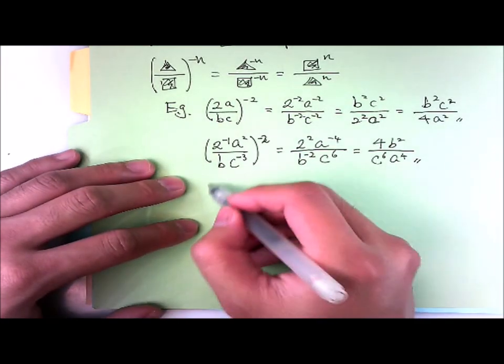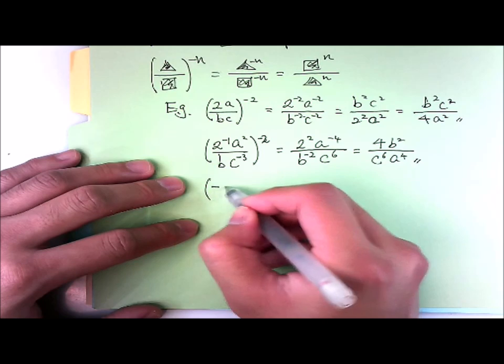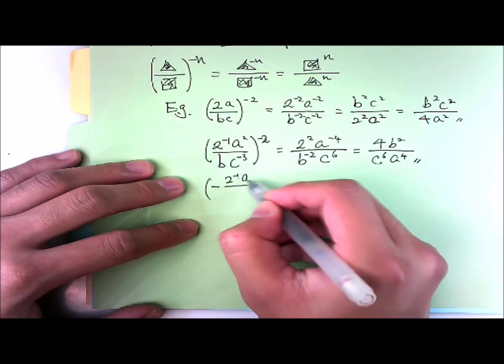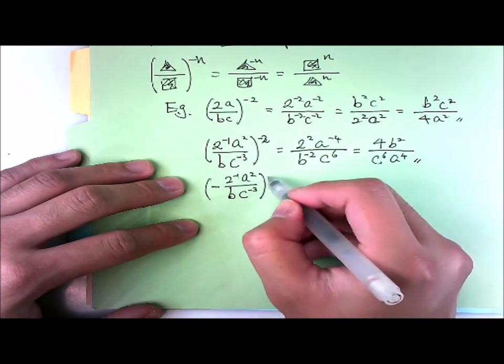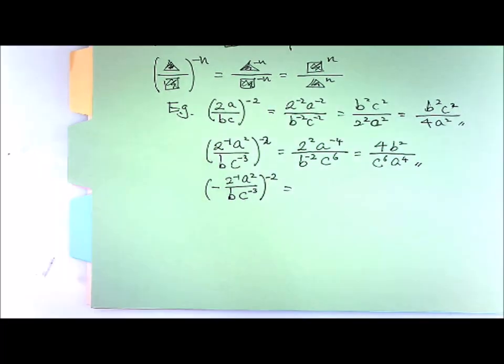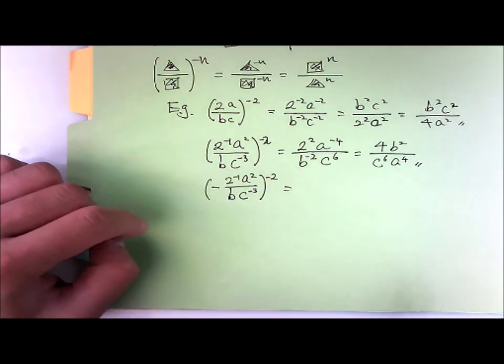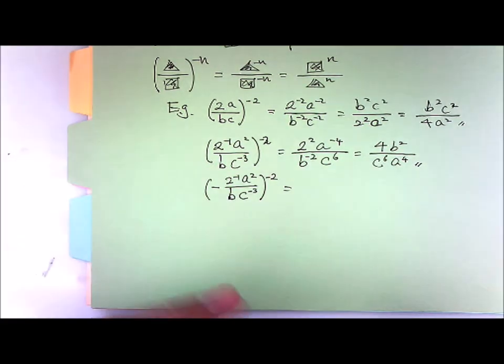Keep going. So for example, we have this. Again, okay? We have this. Okay? So how to do this? First, you have to know whether the result is positive or negative.